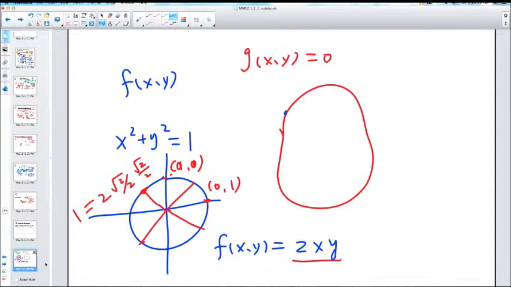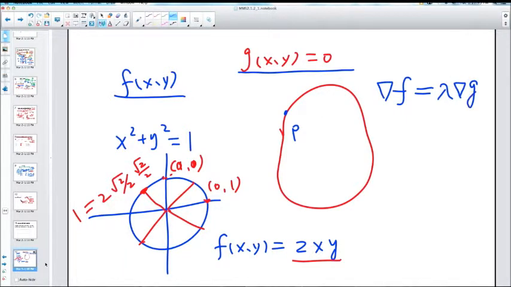If P is the point on the curve g(x, y) that maximizes your f(x, y), all you need is that this gradient must be parallel to that gradient of g. I can give you a quick illustration of the proof.